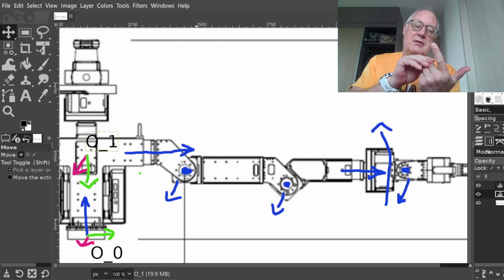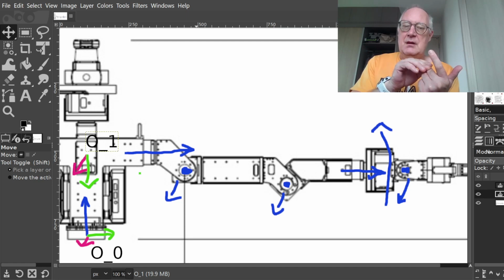So if I rotate around Z, then X moves to Y in the positive sense. So if I rotate around X, then it would move Y to Z in the positive sense.